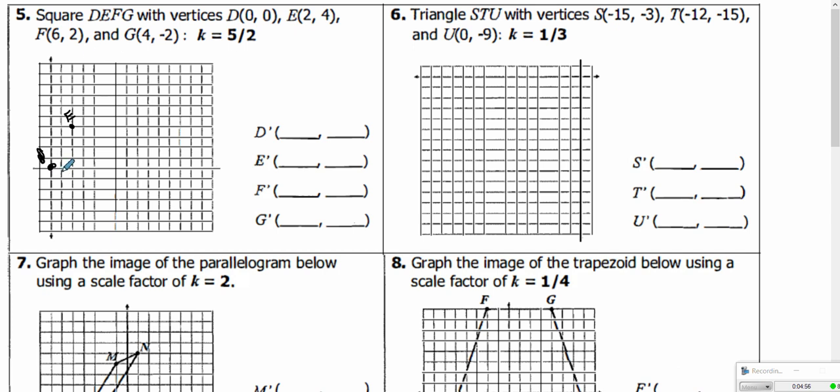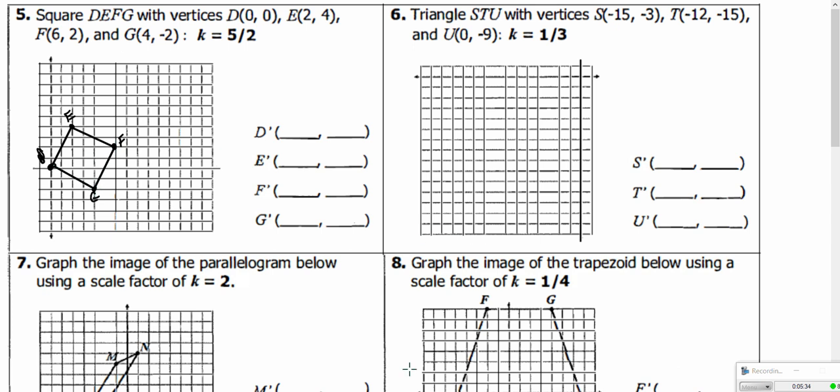We're going to assume there's a line missing there. There is F, and then G is 4, negative 2. Down 2, and there's G. And we will connect our dots: D, E, F, and G.